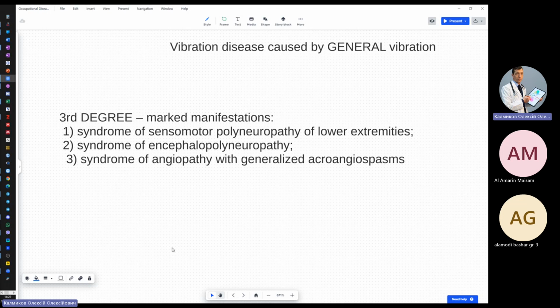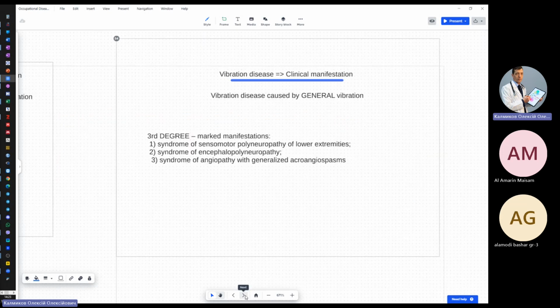And after elimination, after stoppage of work of these workers under the influence of vibration, they start to slightly recover, fully or not so enough, but anyway, there is good prognosis for them. The earlier, of course, we detect, diagnose the vibration disease, the better is prognosis, while in any case, we have a chance.